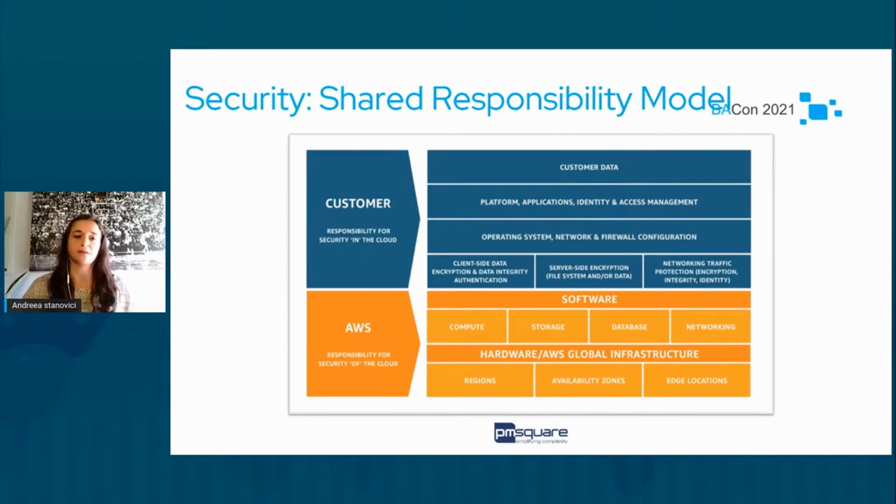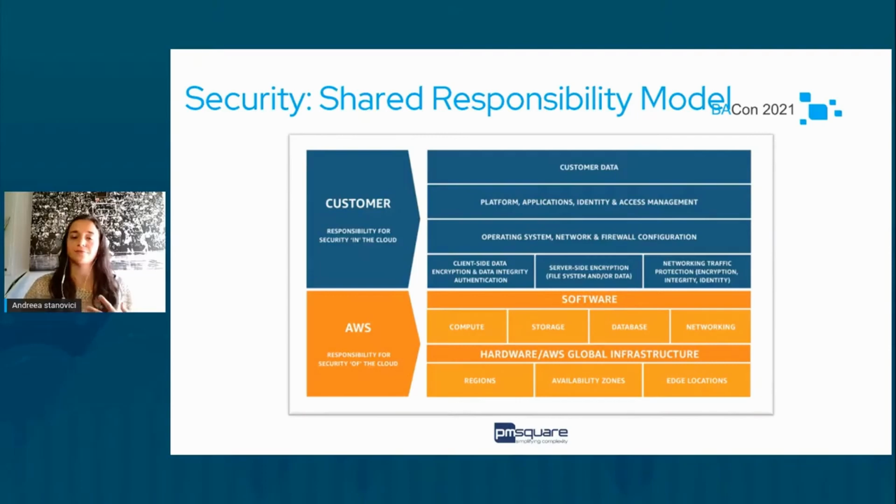The customer is responsible for the secure usage of AWS services that are considered unmanaged. So that would include managing user base access, authentication methods, encryption of data, things of that sort.